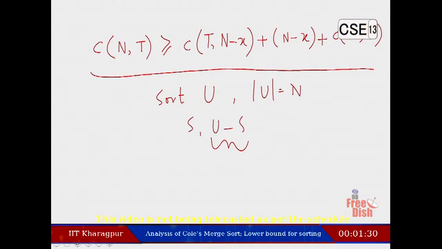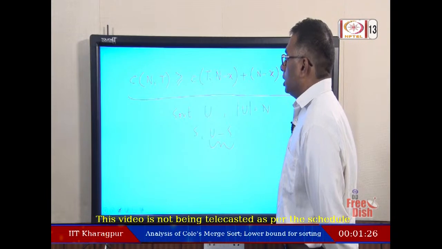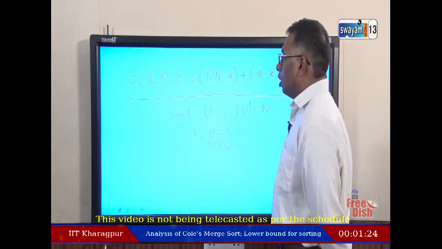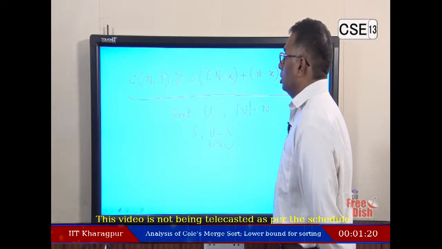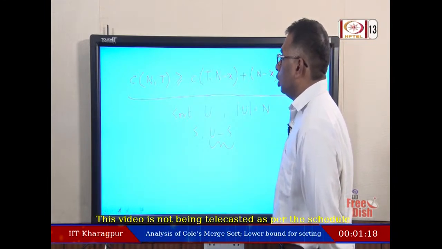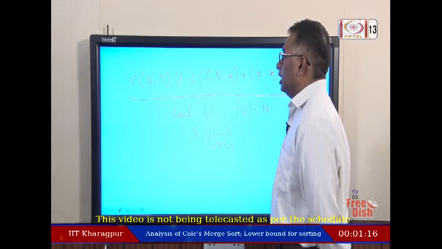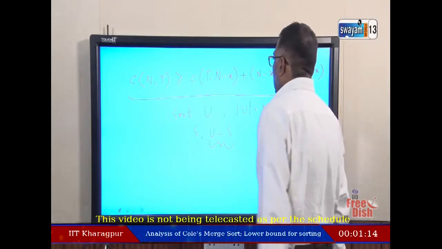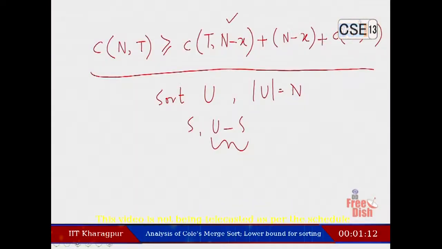Now using the hypothesis, we have assumed that the claim is correct for all ordered pairs where at least one of the components is smaller than the components here. That is, either the first component is less than n or the second component is less than t. That is the case with both of these.